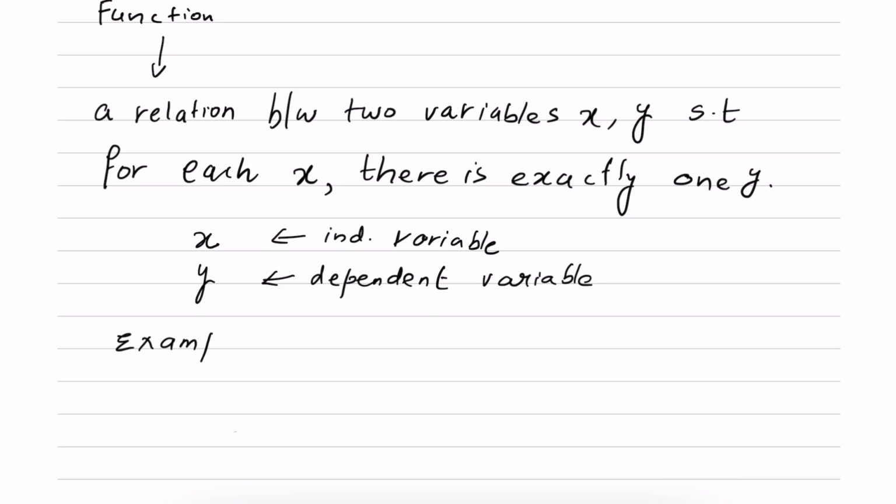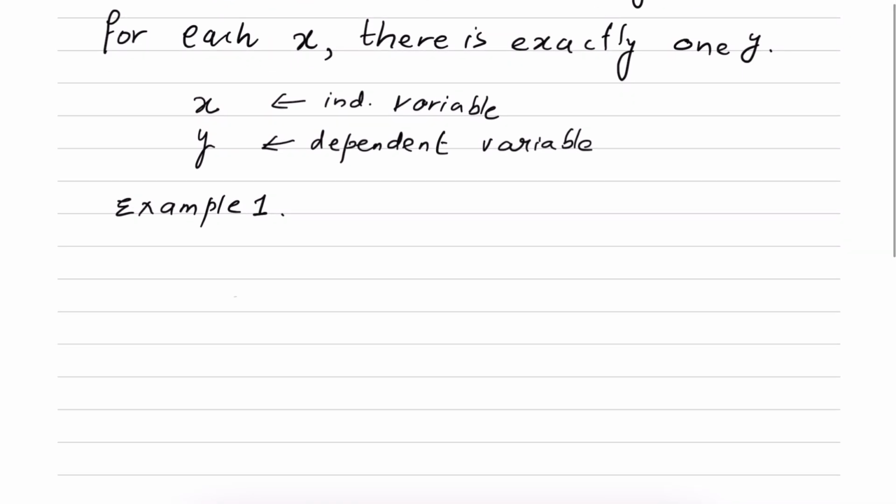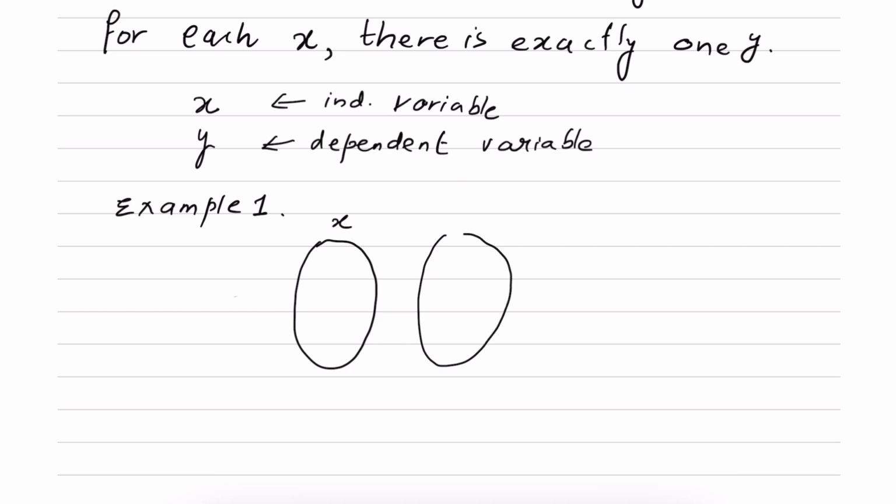Let's look at example 1, and we will try to understand this concept through a picture. Let's say we have the x variable on this side and the y variable on another side. You could think of x as chocolate bars, let's say, and y as the price of these chocolate bars.